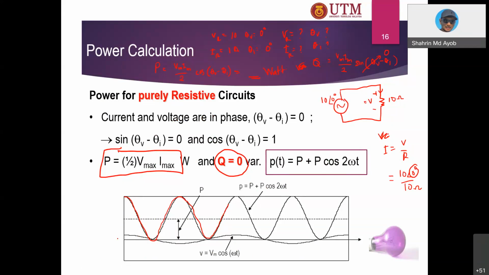Okay, this is your 0 plane here. It's always greater than 0. And this line here, this value is actually your active power, P, Vm Im over 2. So this height is your constant value, which is the active power.